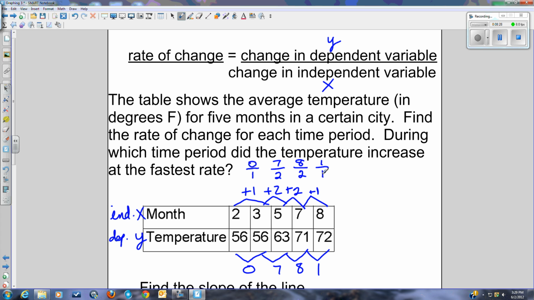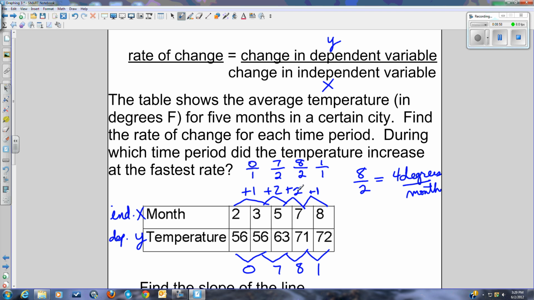Now, it wanted to know at which time period did the temperature increase at the fastest rate. Well, which one of these rates of change is bigger? 0, 7 over 2, 8 over 2, or 1 over 1? Well, it's 8 over 2. 8 over 2 is the bigger one. In fact, that is 4 degrees per month. Okay?